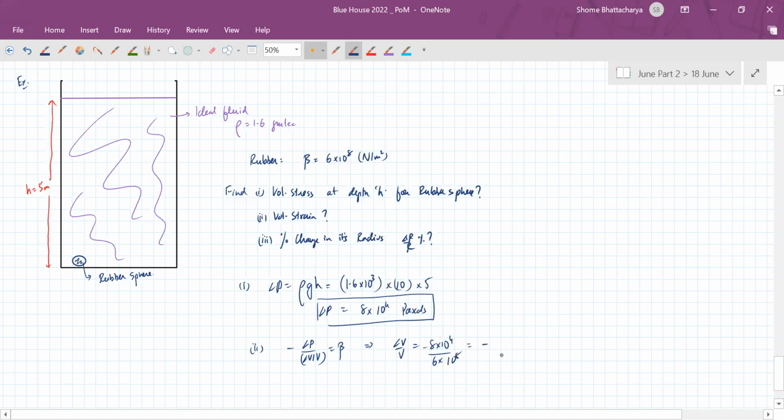There'll be a negative volume strain, that means there'll be a compression of 4 by 3, so that's 1.33 into 10 raised power minus 4. The negative sign is just showing that it's a volumetric compression.